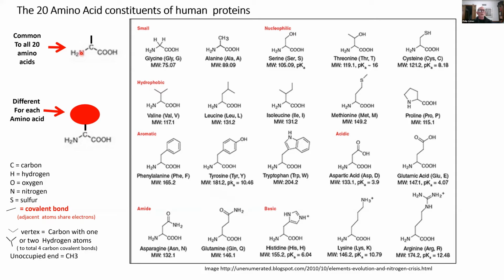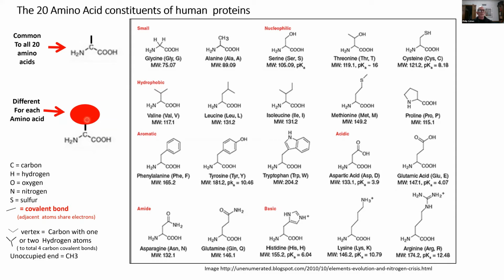If you look at each one of these, the way these are oriented, it's always on the bottom. It has this structure that's identical in every single amino acid, and this is the chemical structure that allows it to hook up with another amino acid. The NH2 hooks up with the COOH on the adjacent amino acid.